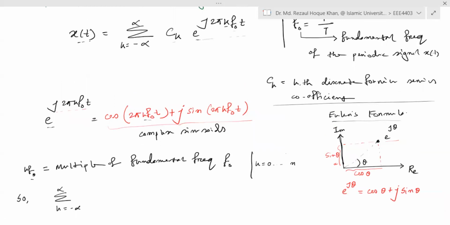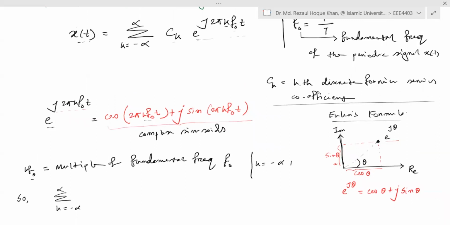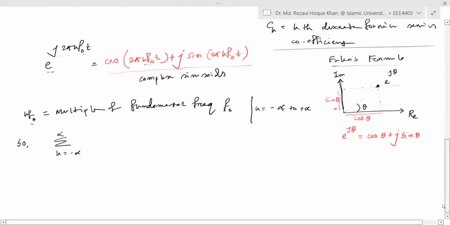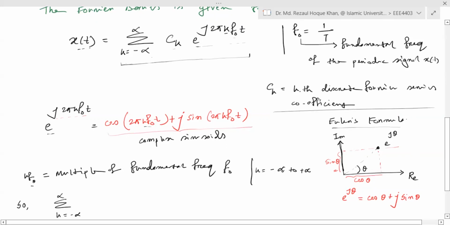Actually here, k is minus infinity to plus infinity, all the values, positive and negative. Okay, so this is infinite. So what does this ck e to the power j 2 pi k f0 t express?